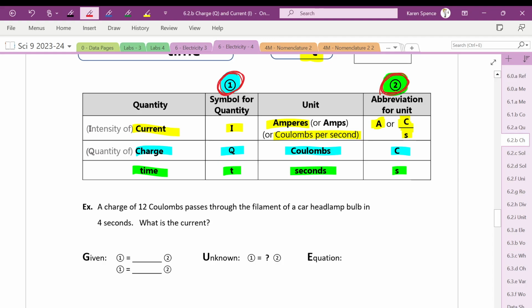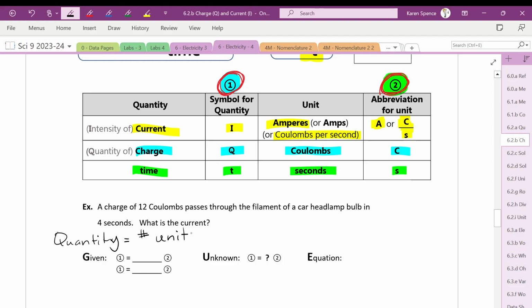So we have a quantity and a unit. 1 is the quantity, 2 is the unit. And remember from last day, we're going to use quantity is equal to number and then unit.